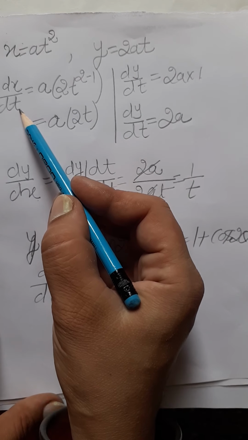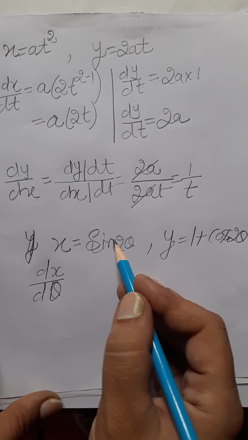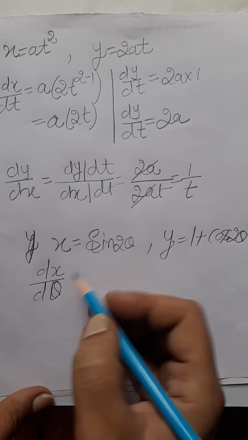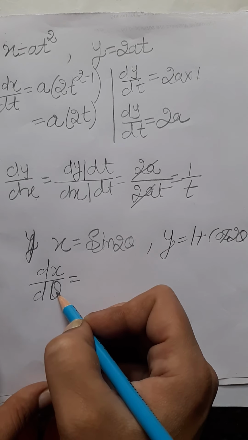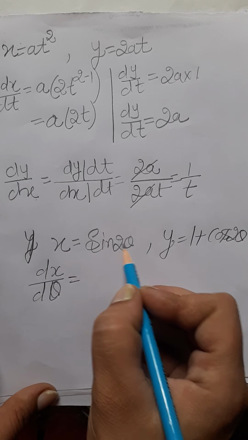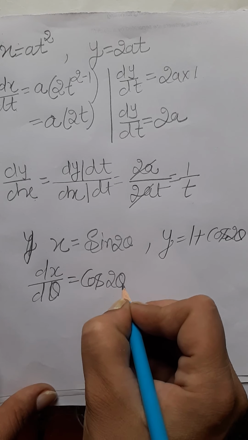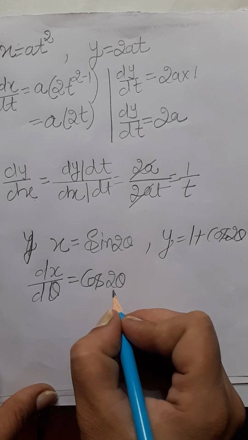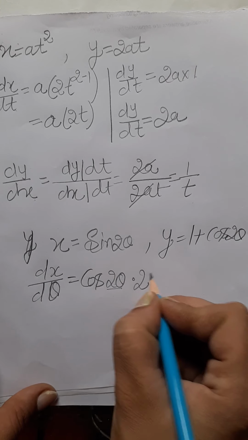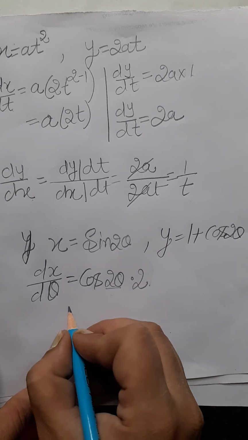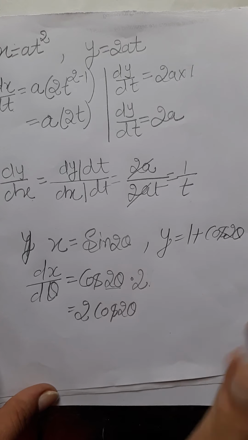In the previous question, we took t as our variable, and in this question, we take θ as the variable. The derivative of sin 2θ is cos 2θ, and the derivative of 2θ is 2 because the derivative of θ is 1, and we get our answer 2 cos 2θ.